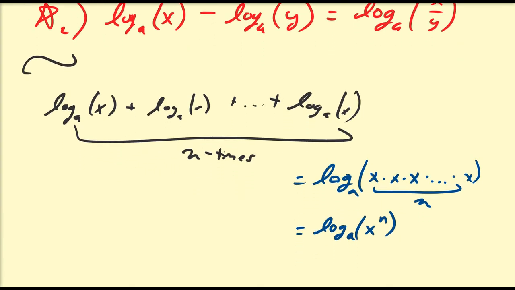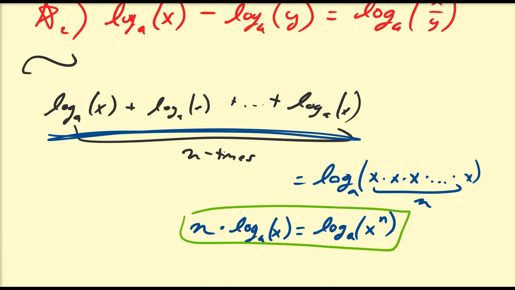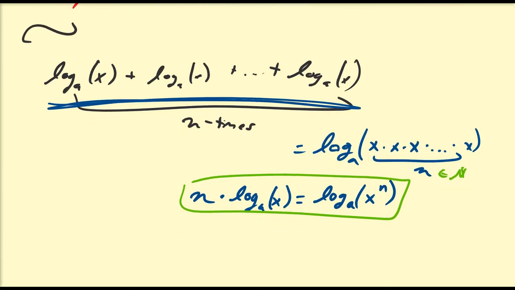But also notice if we add something to itself n times, then this expression is actually precisely equal to n times the log base a of the thing, or n times the thing for which you're adding, right? So this gives rise to another property. And of course, this proof is based on the fact that n is a natural number, but we can extend that to the reals using some properties that we'll discuss later, right?